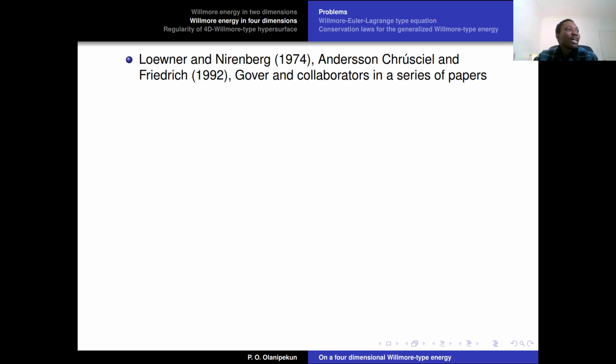And then Rod Gover and his collaborators later discovered that this obstruction to the regularity of the boundary asymptotics for the Yamabe solution is a Willmore surface invariant. They discovered that this quantity that Andersson and Fefferman computed is actually the left-hand side of the Willmore equation.